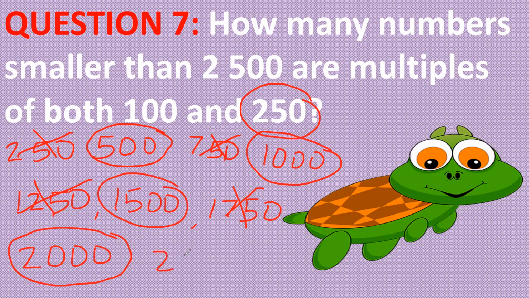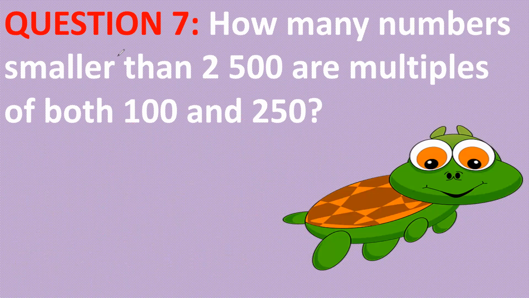And then 2,250 is not a multiple of 100, because we are looking for common multiples of 100 and 250. And the next one, 2,500, but we are looking for numbers smaller than that. And so we have 500, 1,000, 1,500, and 2,000. We are getting our answer just like the other solution. We are getting our answer, 4 numbers, and done.